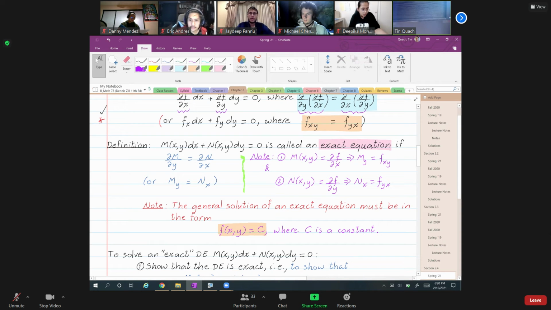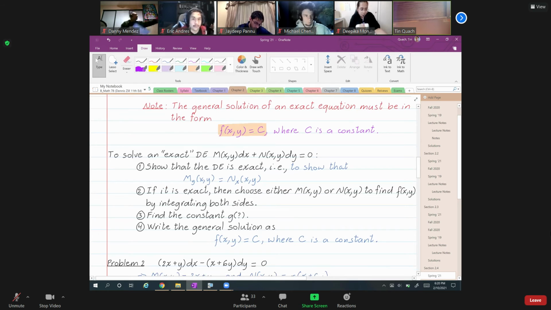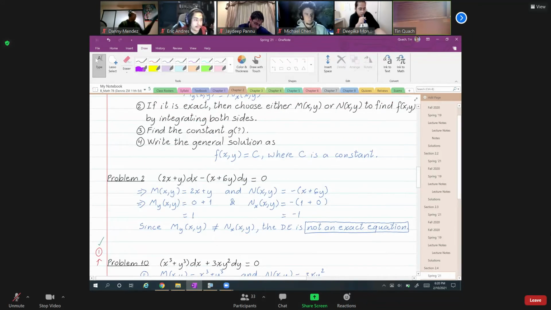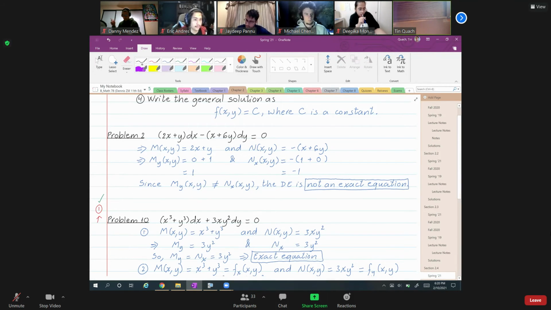So far we've learned how to solve by separating the variables. We learned how to solve by using an integrating factor. And now the third method is solving an exact equation. So the method that we are doing here, you can only use if the differential equation is an exact equation.